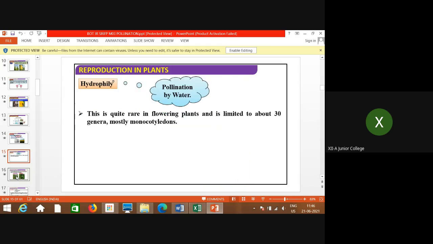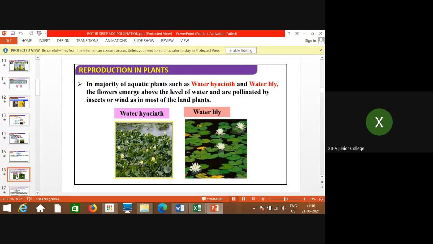So this is hydrophily, two types, hypo and epihydrophily. Majority of the aquatic plants such as water hyacinth and water lily grow above the level of water, so above the surface of water, and so can be pollinated by insect or wind, as I told you. So though they are aquatic plants, it's not necessary that hypohydrophily or epihydrophily or the water currents are responsible for their pollination.